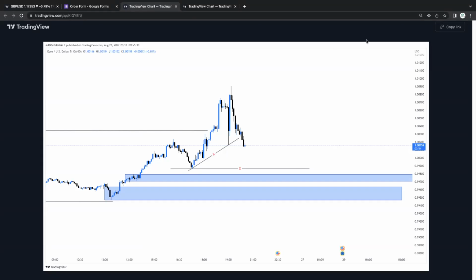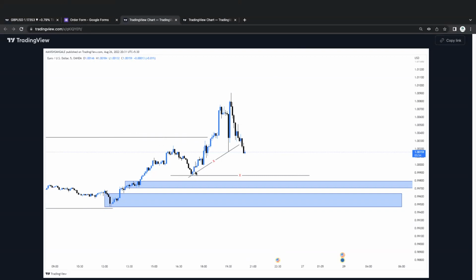This can also be trend line liquidity. The market broke this trend line here, mitigated something here and went higher. Perfect. And this is your actual trend line liquidity here, because the market trapped the sellers and then went higher. Same thing happened, trapped the sellers and went higher.